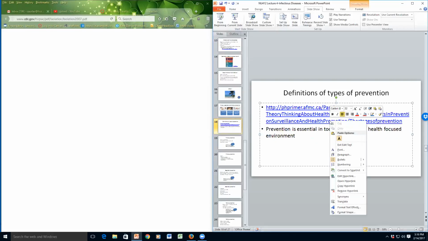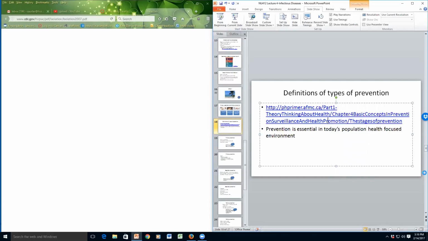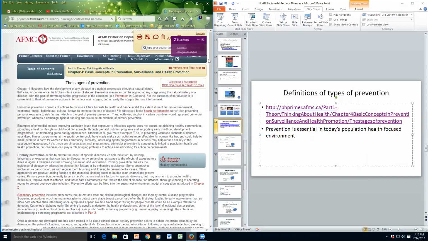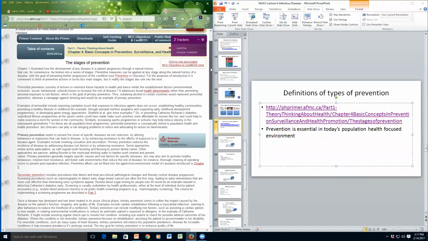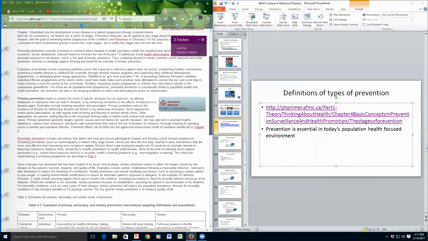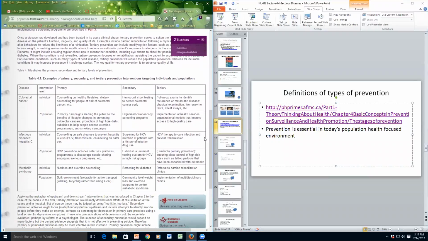So when we think about the definitions of different types of prevention, there is a nice primer here I would encourage you to read at your leisure, from the Association of Faculties of Medicine in Canada. It gives you a great outline of some specific examples of different levels of prevention. For example, under colorectal cancer, you can have an individual or population level intervention, and it gives you some examples of primary, secondary, and tertiary prevention.